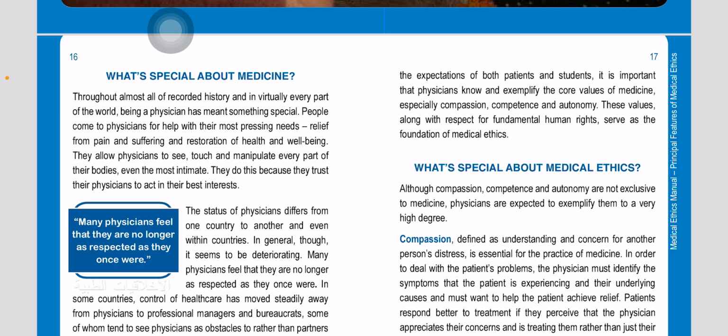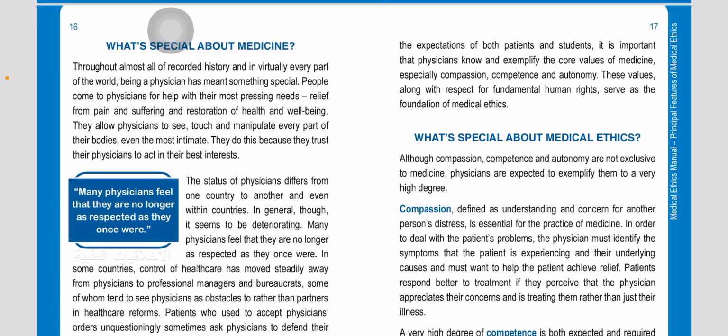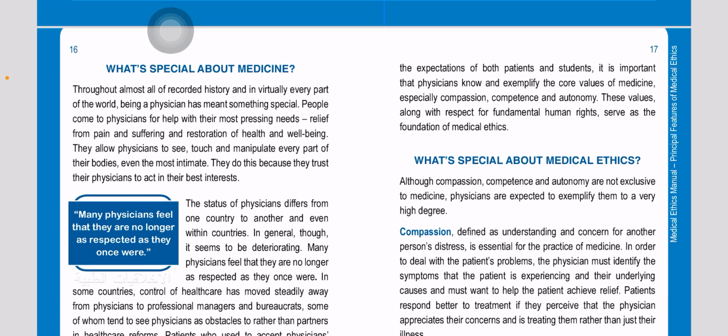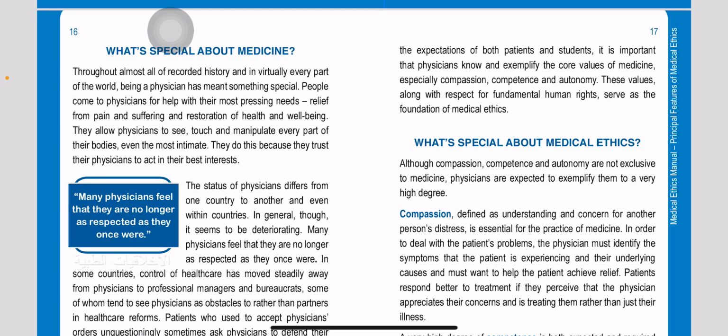People come to physicians for help with their most pressing needs. Whether patients go to you if they feel something in their body, like an ailment, or they have a disease, they want to find relief from pain and suffering and restoration of health and well-being.